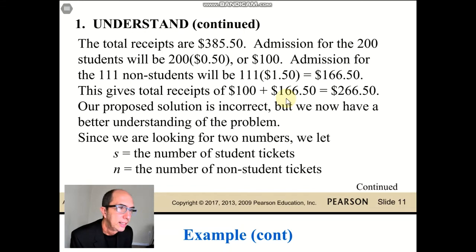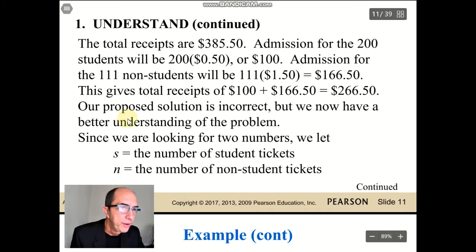Let's label the variables. Since we're looking for two numbers, we can let S be the number of student tickets and N the number of non-student tickets. Again, you could use x and y, or any other letters you want.